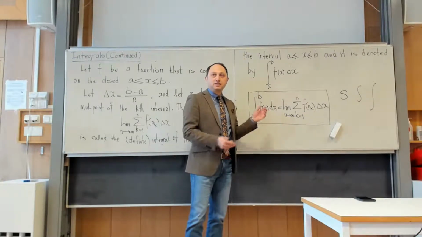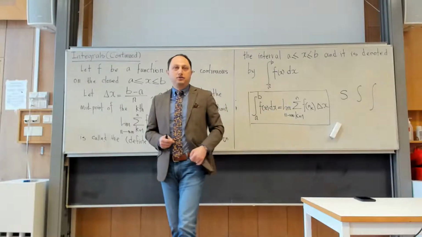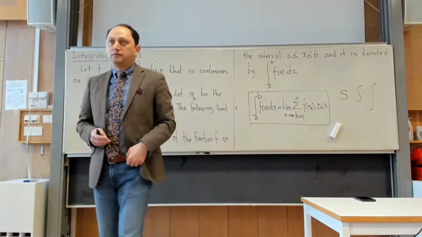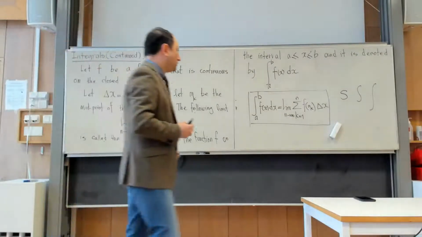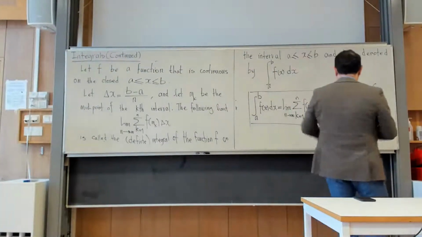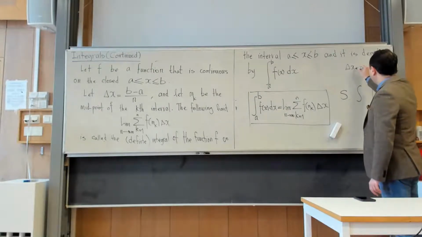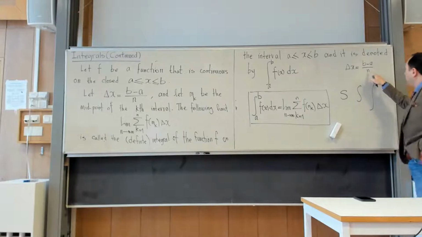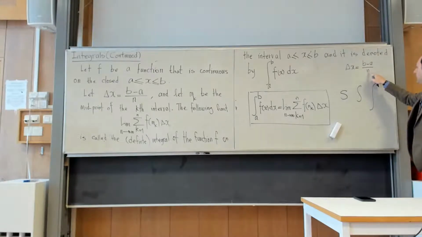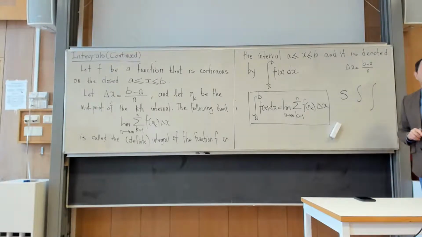This is the meaning. So when you are facing an integral, you are summing things up, but with a limit. Let us explore that. What happens for delta x? Do you remember delta x was this? If I start increasing the values of n, what happens to this delta x?